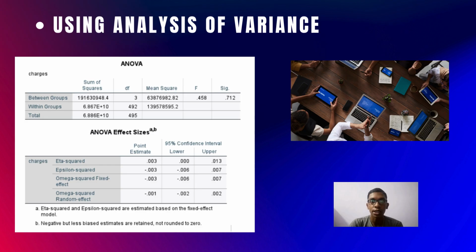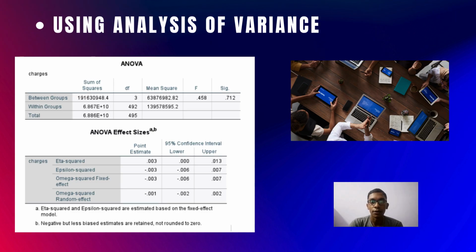Now, the most critical number on this slide is the final column, our significance value or p-value, which stands at 0.712. As a reminder, standard practice is to look for a value below 0.05 to claim statistical significance. Because 0.712 is much higher than 0.05, our F statistic of 0.485 is not statistically significant.